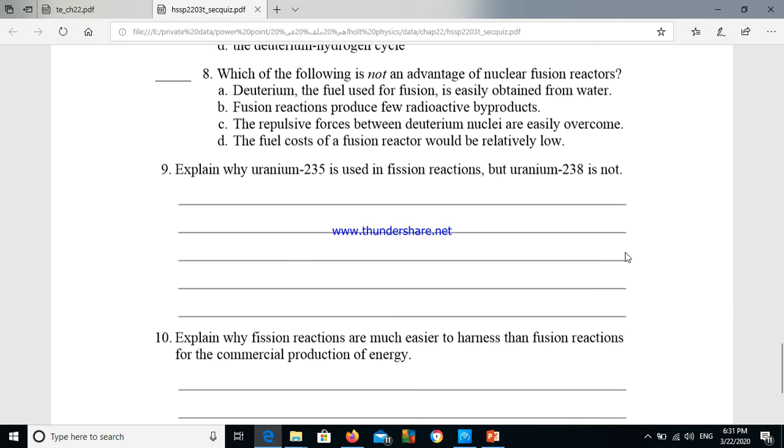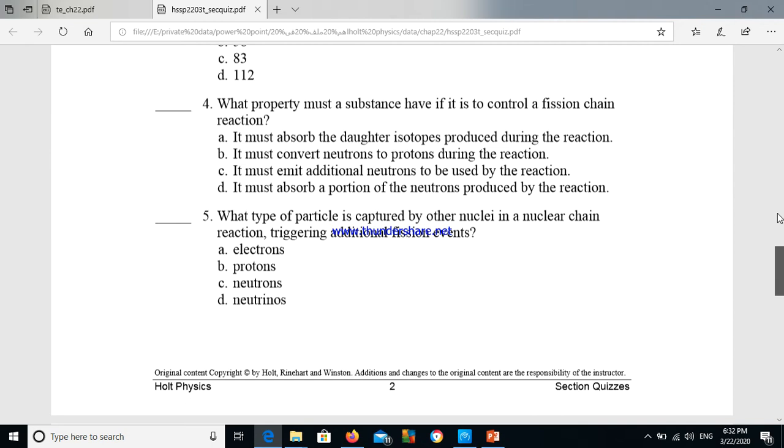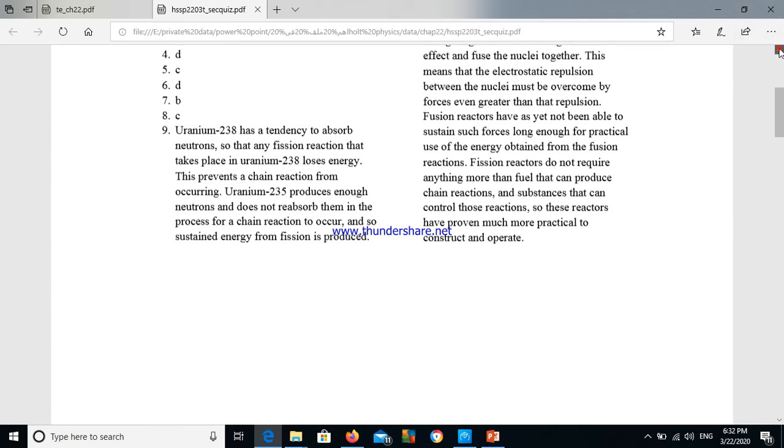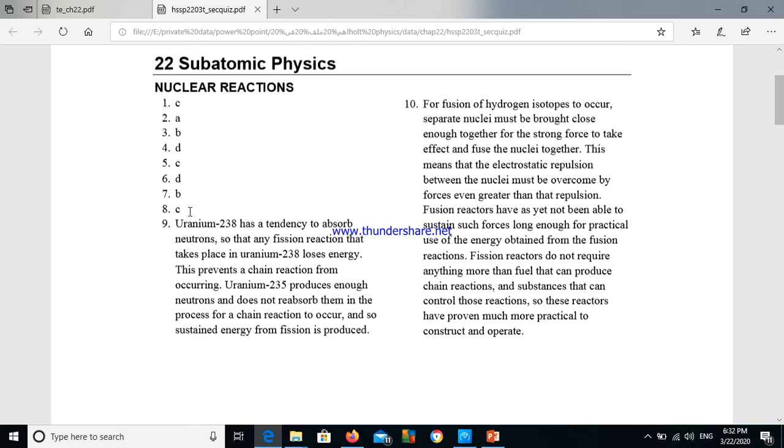Question 9. Explain why uranium-235 is used in fission reactions, but uranium-238 is not. Because uranium-238 has a tendency to absorb neutrons, so that any fission reaction that takes place in uranium-238 loses energy.